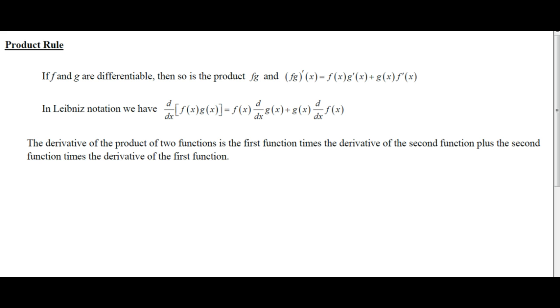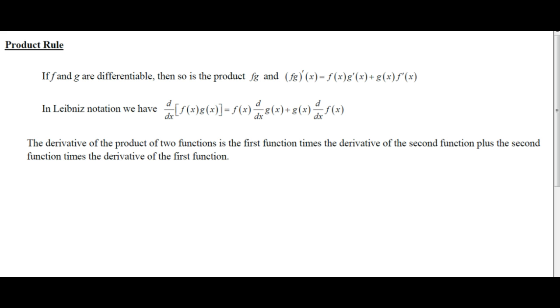So you take the first function, write it down, multiply it by the derivative of the second function, right? Because you got a product, so you got two things multiplied. Plus, then take the second function, write it down, and do the times the derivative of the first.